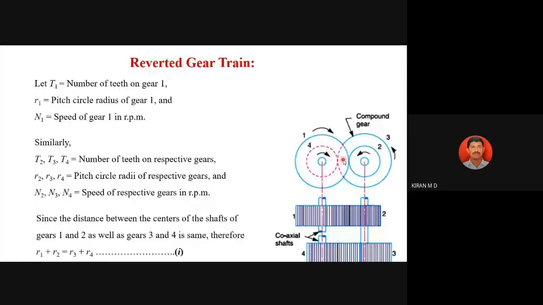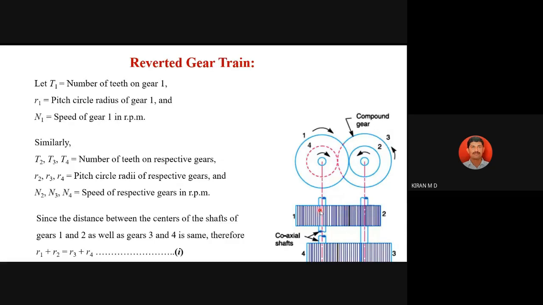Now, when we are considering these two axes are fixed, either 1 and 2 or 3 and 4, both the axes are fixed here. What will happen? The radius of gear 1 is from this axis to this black line, and from this black line to the other axis is the radius of gear 2.